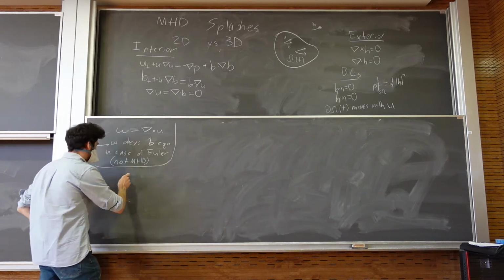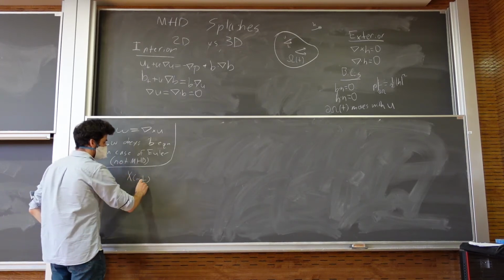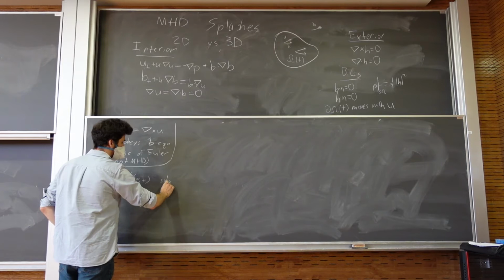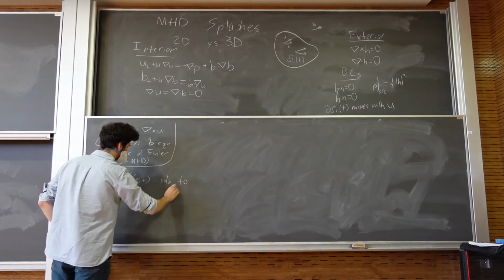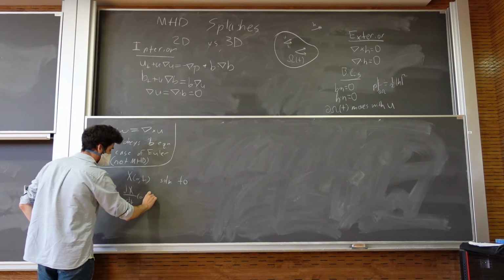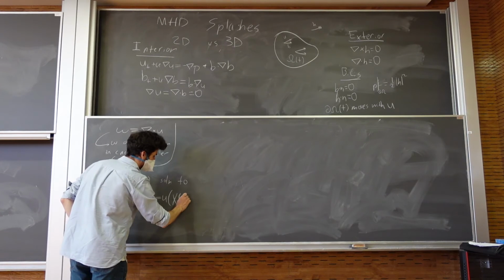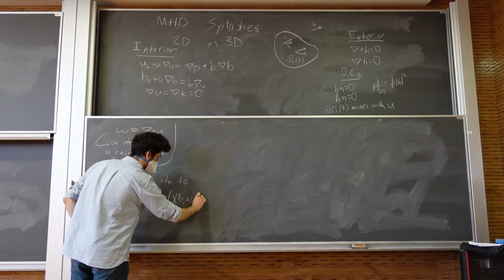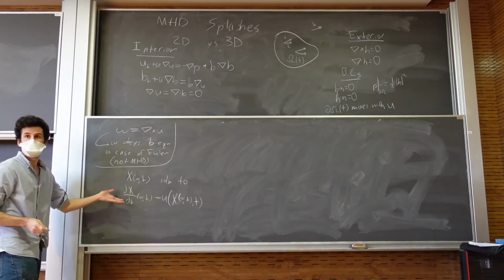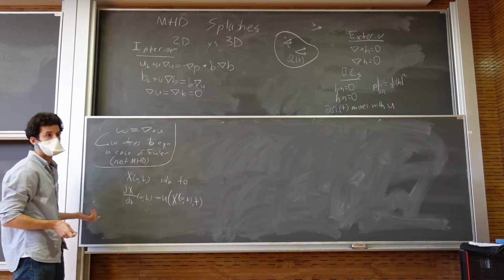So if I define the trajectory map x of alpha, t to be the solution to dx/dt of alpha, t equals u of x of alpha, t, this defines the trajectory map. So it's like asking, what is the velocity at every point?